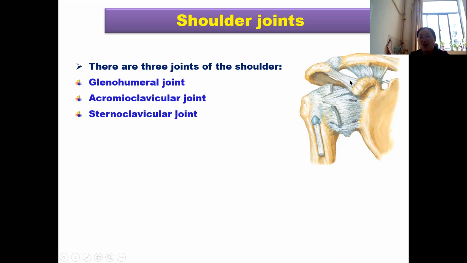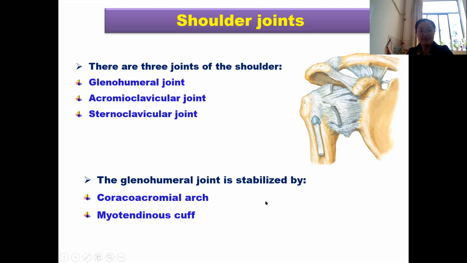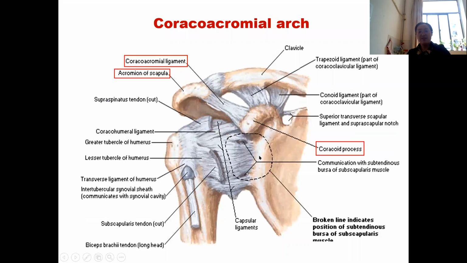This arch we call the acromion coracoid arch, and there is also the myotendinous rotator cuff. These are two terms. What is the coracoid acromial ligament? Here, the coracoid process and the acromion, so this we call the coracoid acromial ligament.